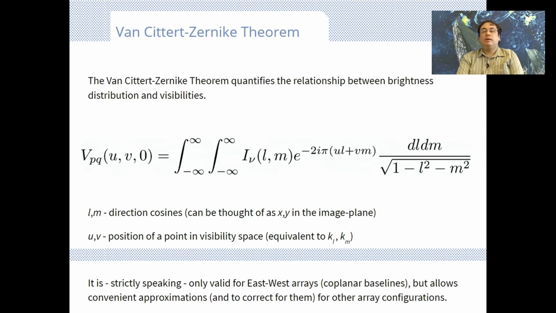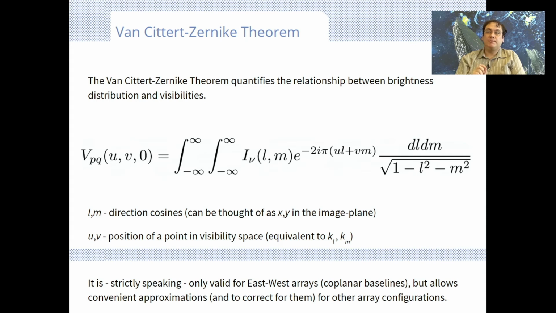Now, coming back to a more formal definition of the space, we've already alluded to taking cosines and sines per point source out there on the sky. So we've alluded to this being a Fourier transform. Well, we can more formally state this as the van Cittert-Zernike theorem.